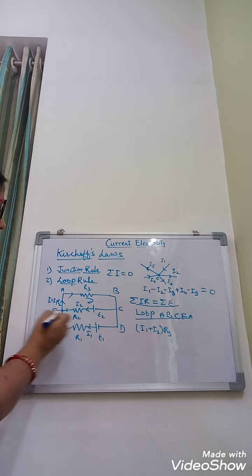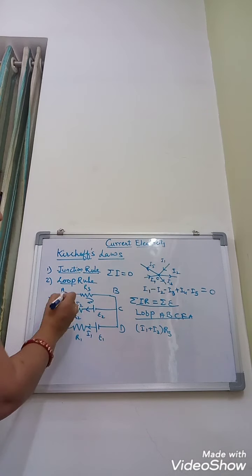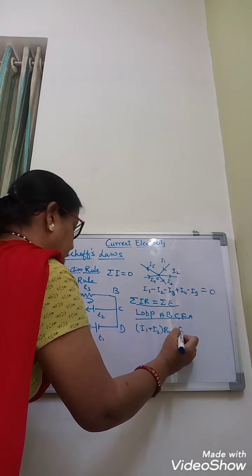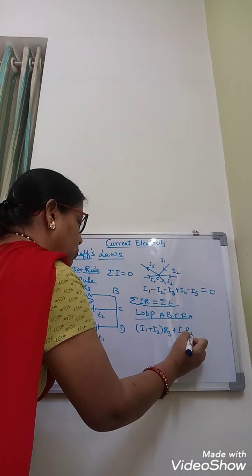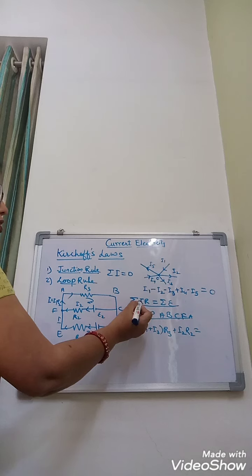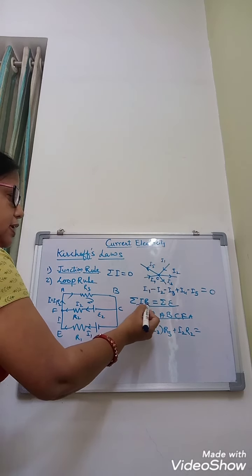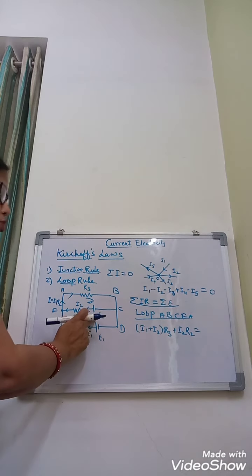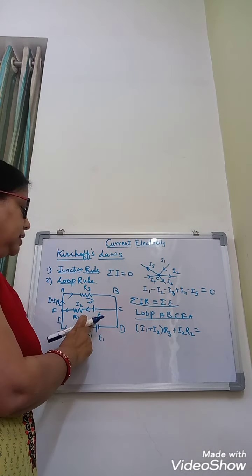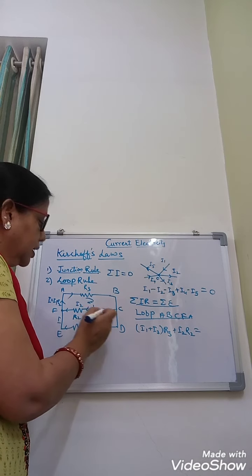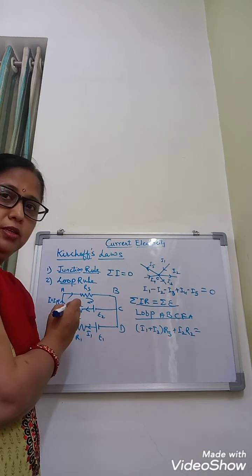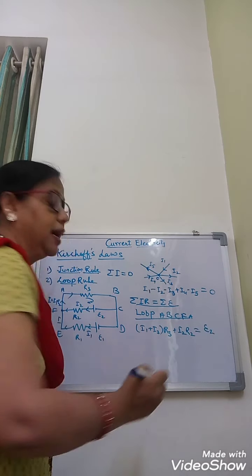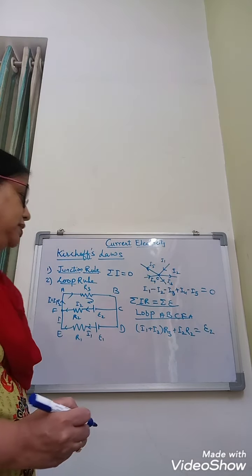This matches with the direction of the loop A, B, C, F, A. So this will be plus I2 R2 is equal to the algebraic sum of EMF, summation E. Now there is one source of EMF here, that is written as E2. The current through E2 and our direction are matching, they are coinciding. So we have to take it as plus E2, not minus E2.